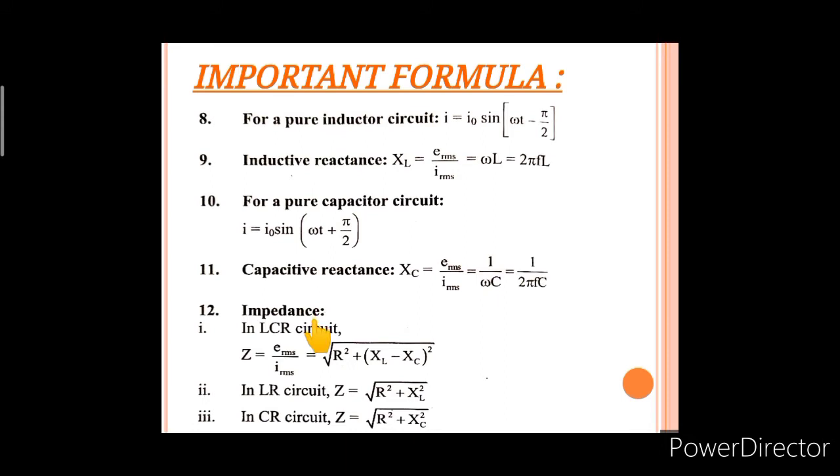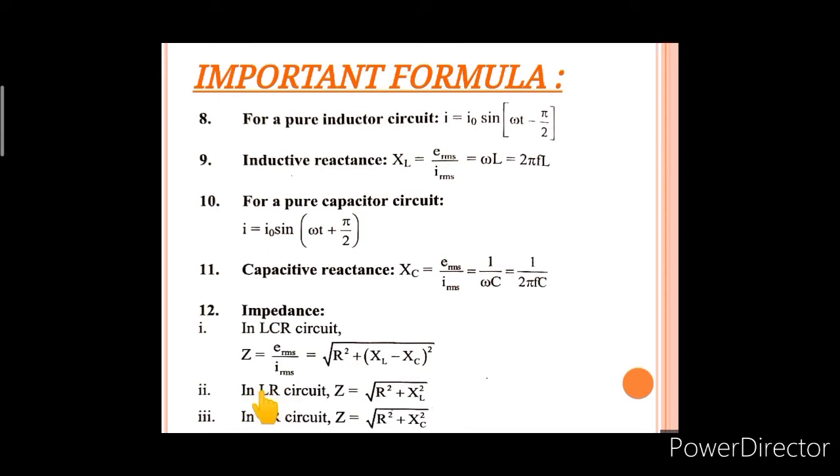Next, for the impedance in the LCR circuit, Z is equal to E_RMS upon I_RMS, which is further equal to square root of R square plus XL minus XC the whole square.